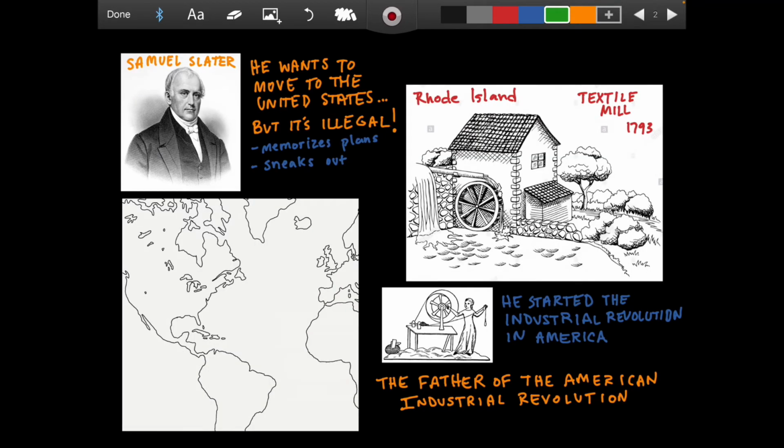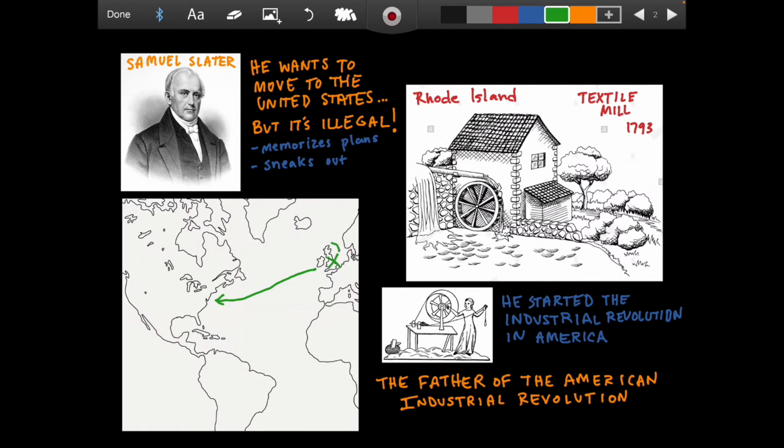So Samuel Slater spent the first part of his life living in England, wanting to start his own textile business. But in England, he wasn't allowed to do that. So while he's living over here in England, he's thinking about possibly trying to get to the United States. In the United States, people can start businesses. But at this point, no one in America has a textile mill.